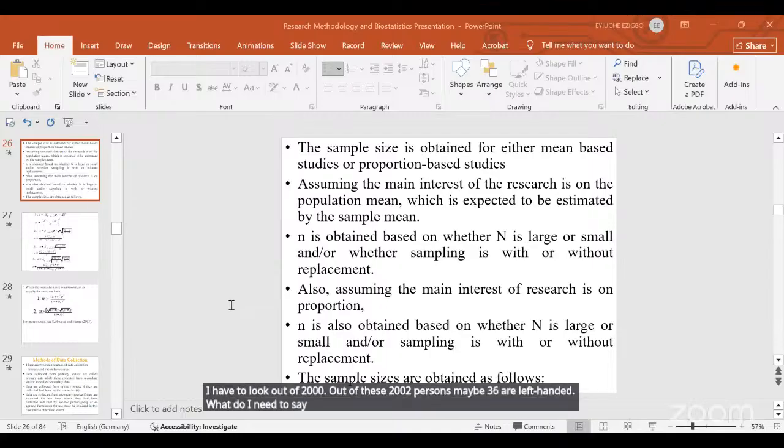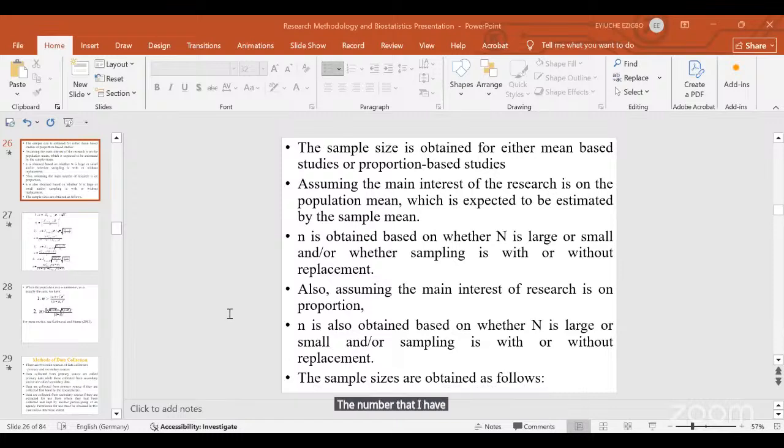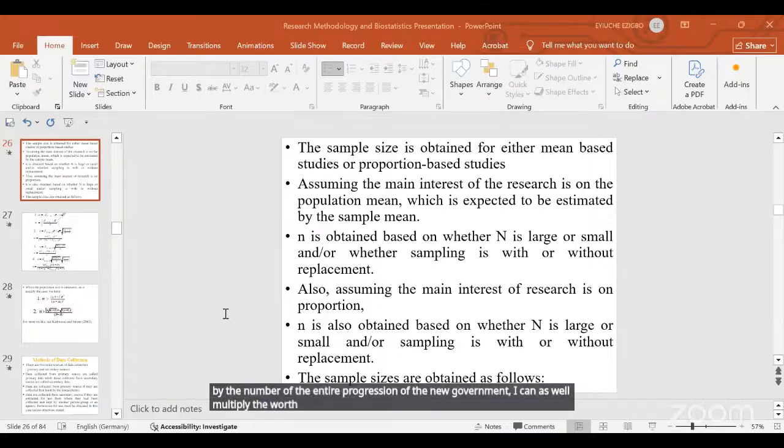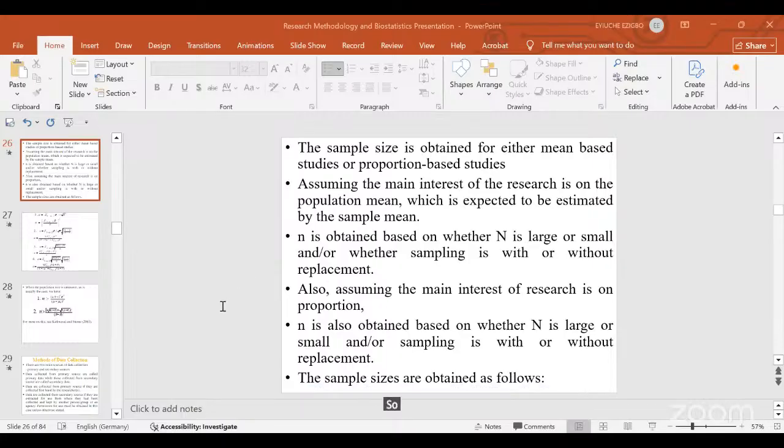If I multiply the number that I have investigated by the number of the entire population of Enugu urban, I can as well multiply the left-handed persons I have obtained. So with that, I will be able to say that the population of left-handed people in Enugu urban is so and so.